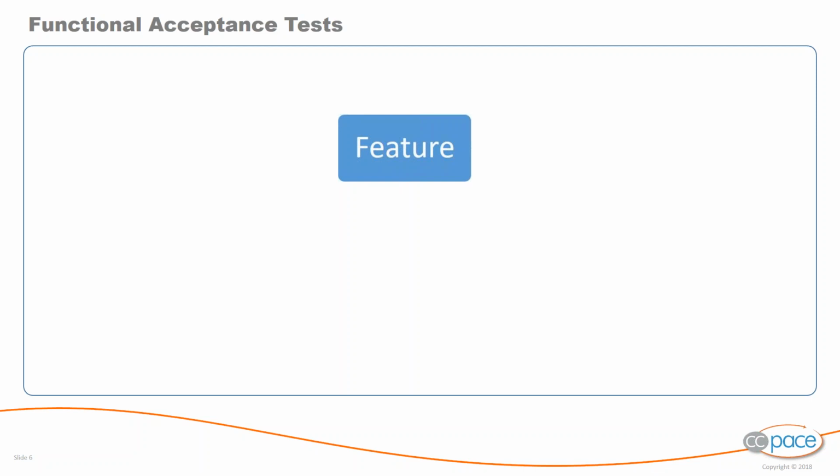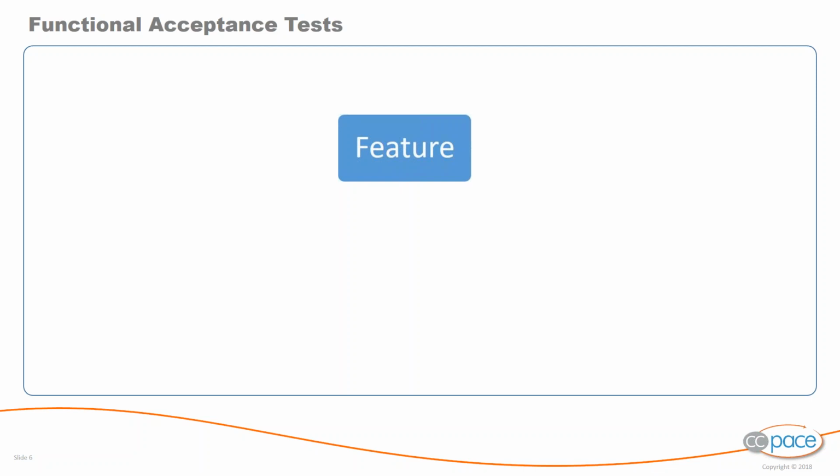Acceptance testing, by definition, is to ensure that the acceptance criteria of a feature or a story is met. And when such tests focus on the functionality of the system under test, they become functional acceptance tests.